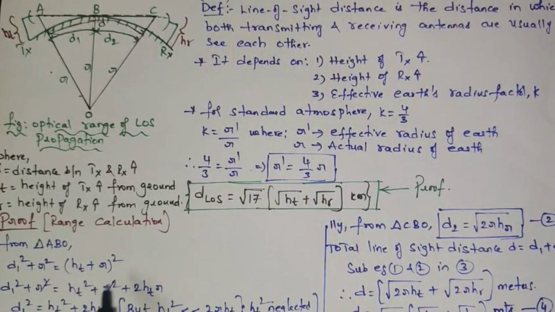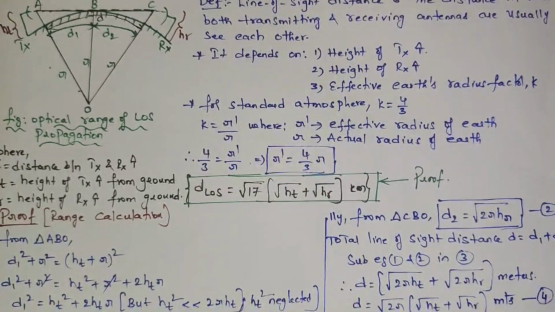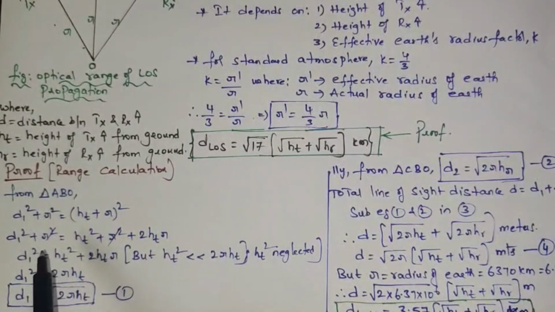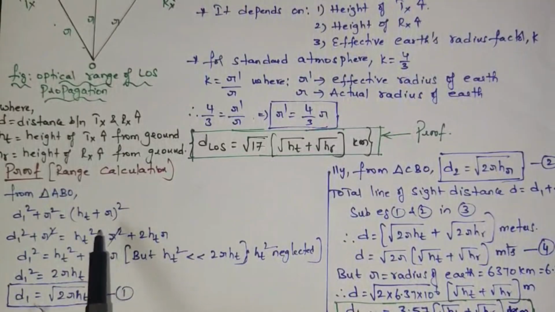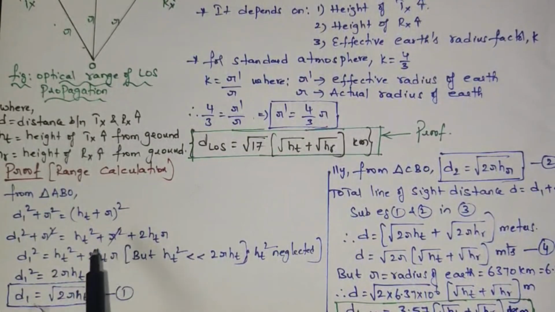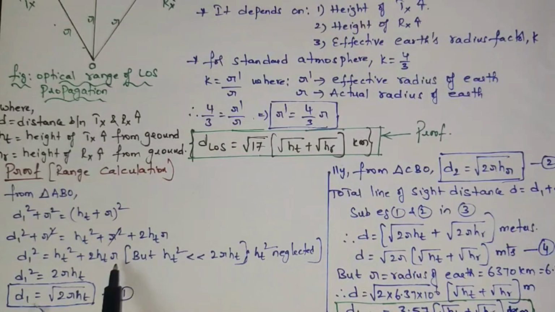Now expand this equation. This is a plus b whole square, so a square plus b square plus 2ab: HT square plus r square plus 2HTr. Here r square and r square get cancelled. Then the equation becomes d1 square is equal to HT square plus 2HTr.